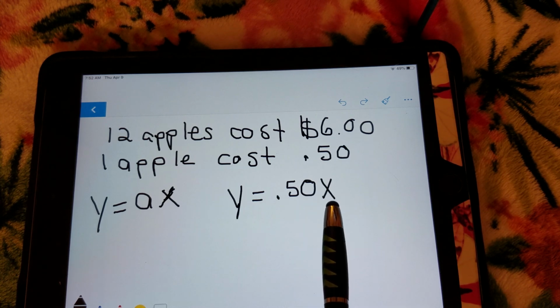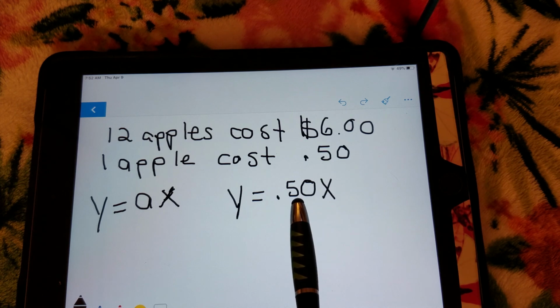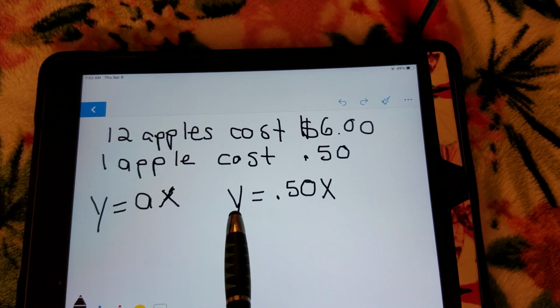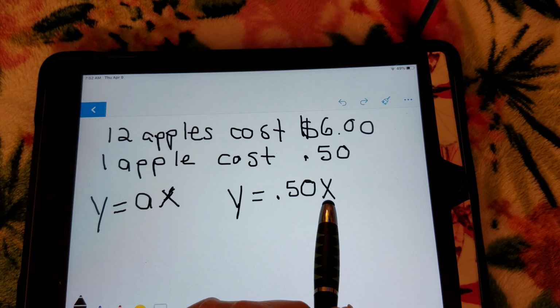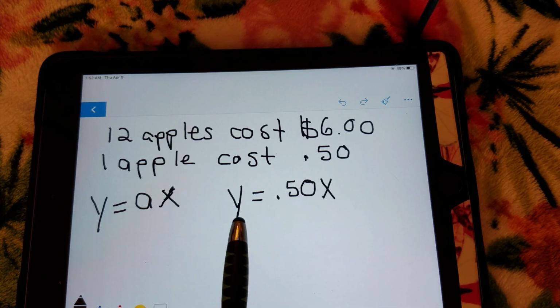If you bought 2 apples, 2 times 50 would be $1. And then y would be the cost. So 50 cents is our constant. X would be the number of apples you're going to buy, and y would be the cost.